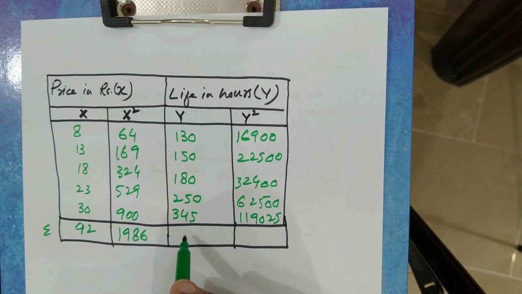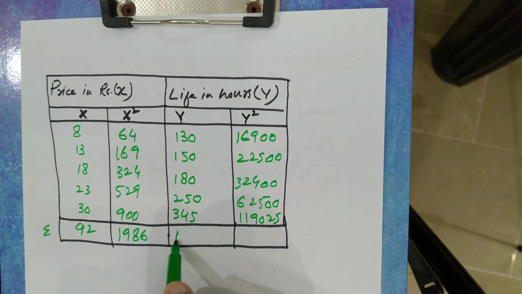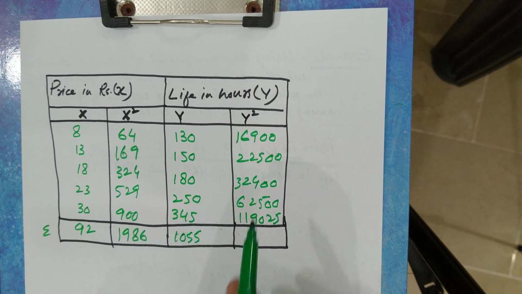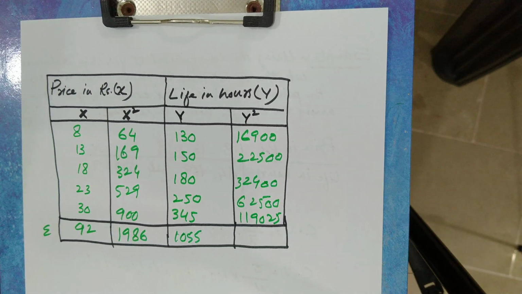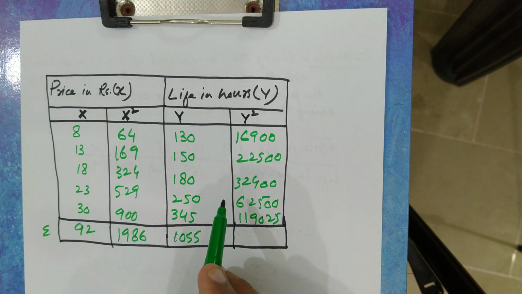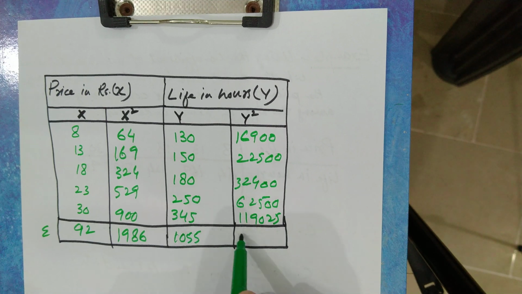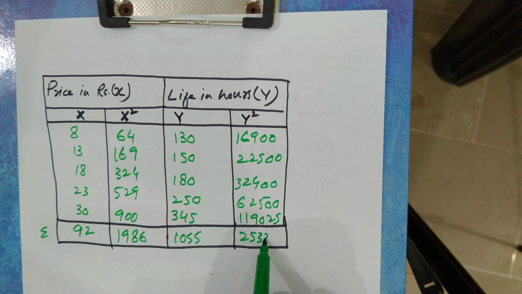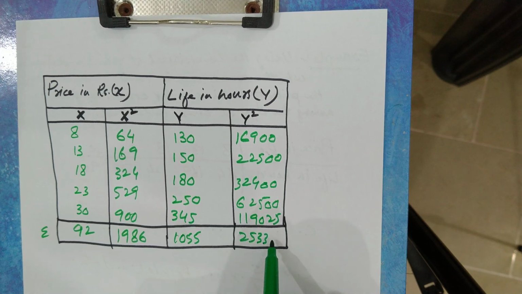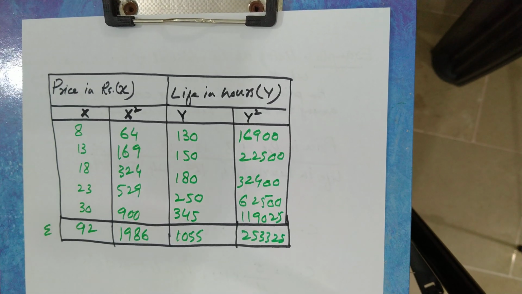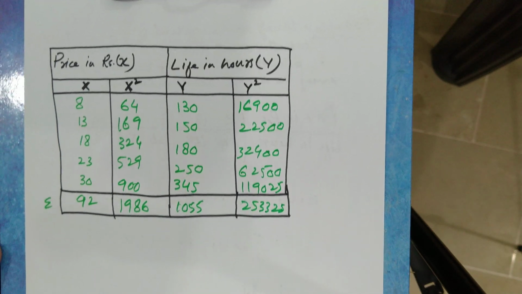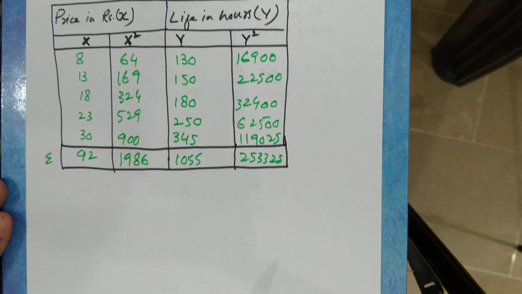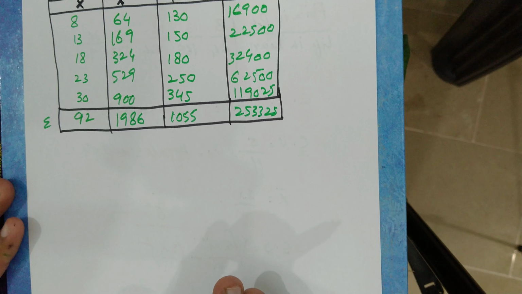For y the sum is 1055, and for y square it is 253325.